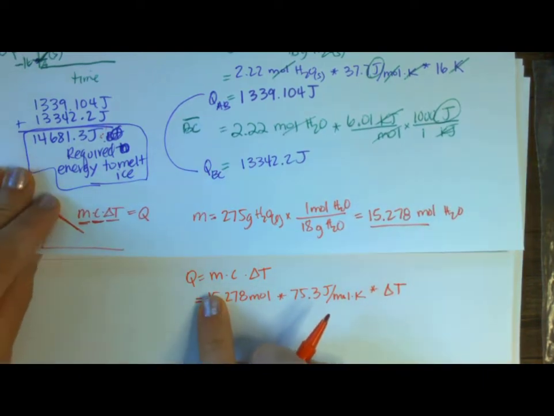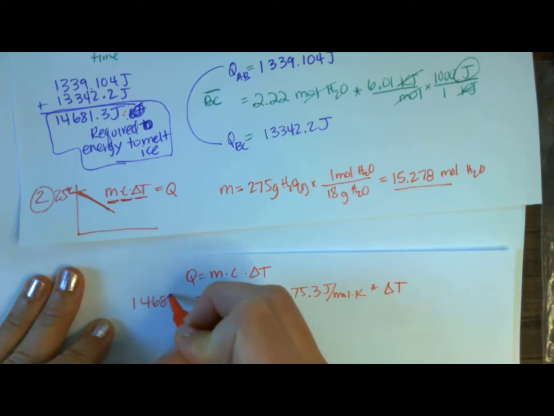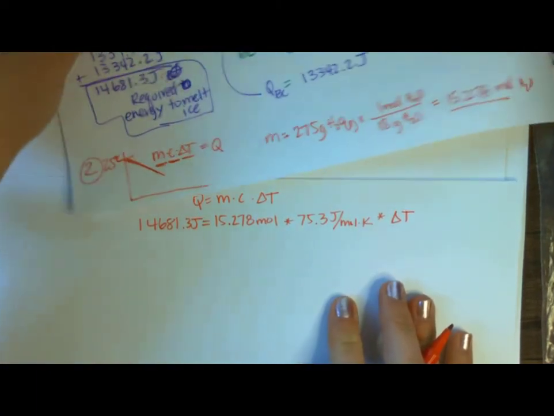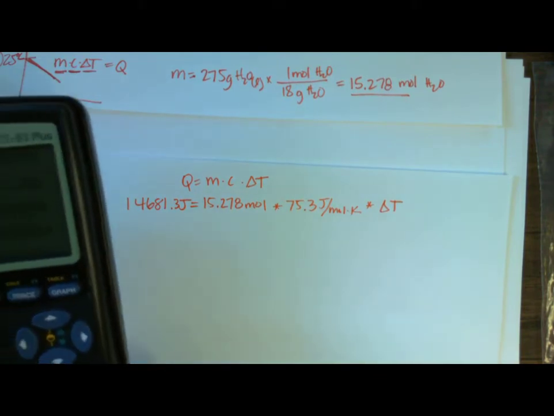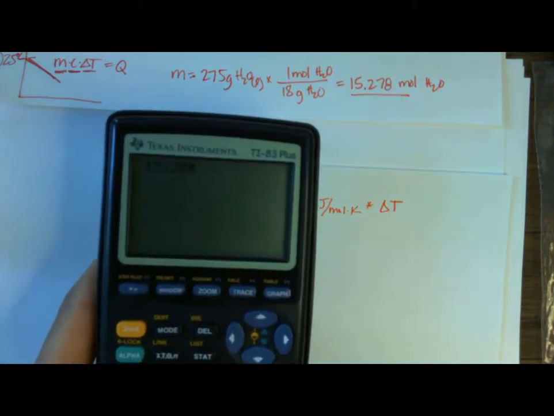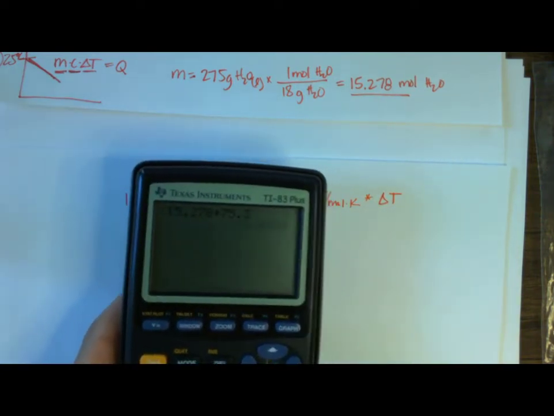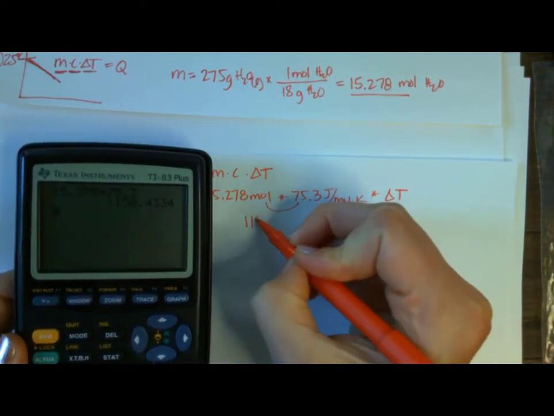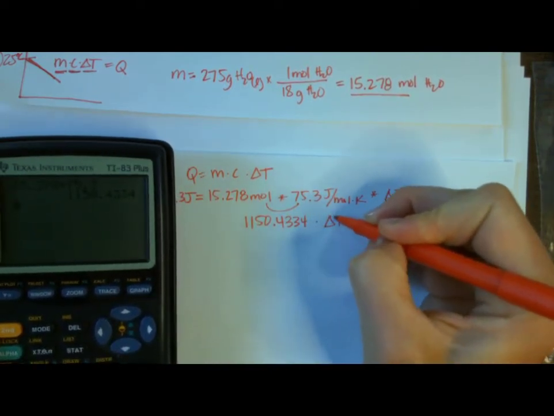And for our Q, we're going to use this Q. So we're going to plug in our 14681.3 joules. Okay, let's do some combining. 15.278 times 75.3. All right, so these can combine to 1150.4334 times delta T.